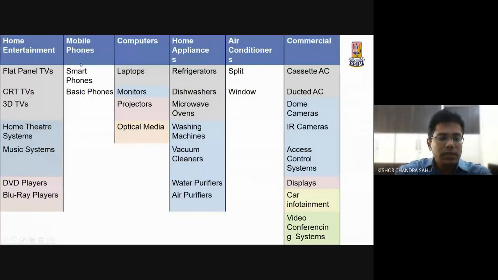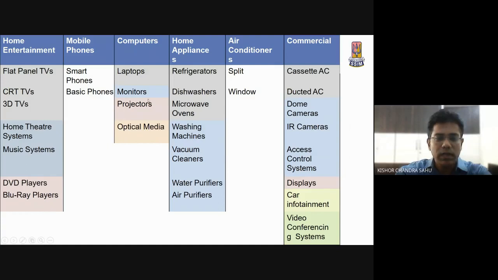Let's say, for example, LG's product mix. Home entertainment products is one product line. Under that product line, there may be flat panel TVs, CRT TVs, 3D TVs, home theater systems, music systems, DVD players. Mobile phones can be smartphones or basic phones. Computers include laptops, monitors, projectors, optical media.